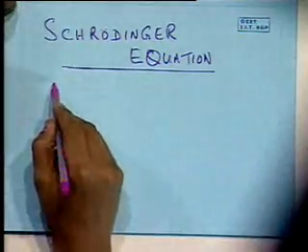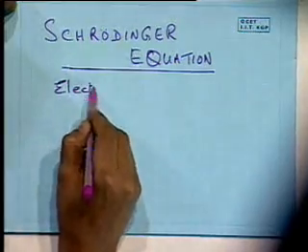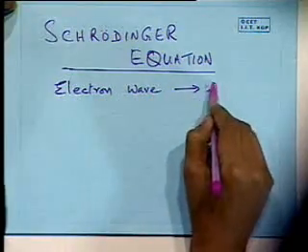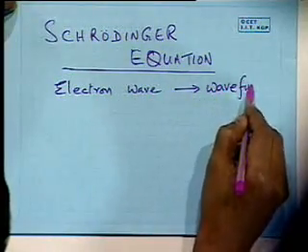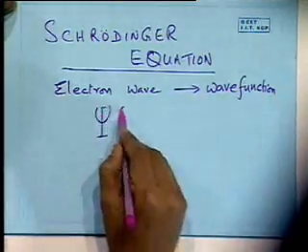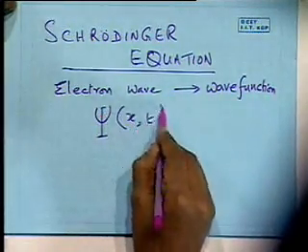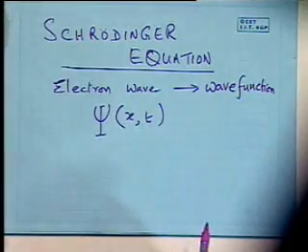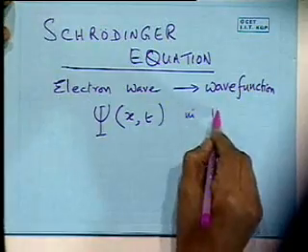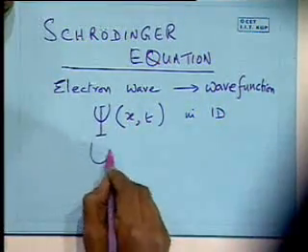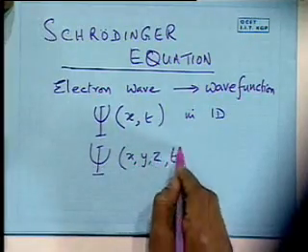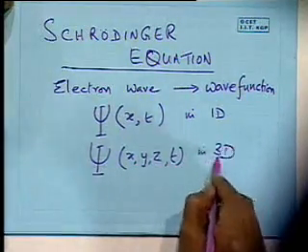We can represent the electron wave by a wave function. Right? And the wave function is represented in one dimension as psi, as a function of x and t, in one dimension. And if we talk of 3 dimensions, then we are talking of x, y, z, t in 3 dimensions.